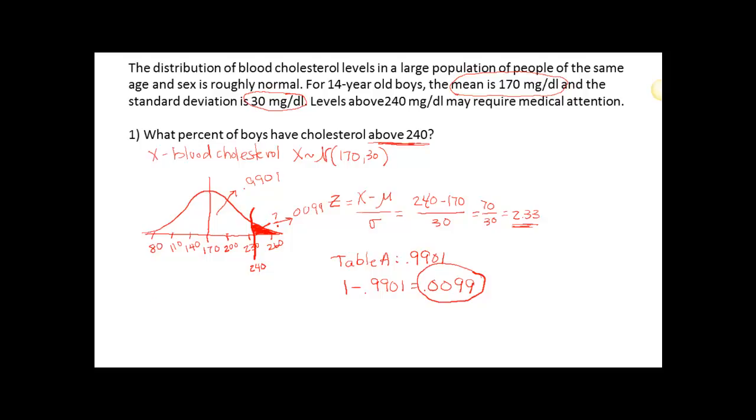So I would say, in this case, the percent of boys with cholesterol above 240 is 0.0099 or 0.99%.